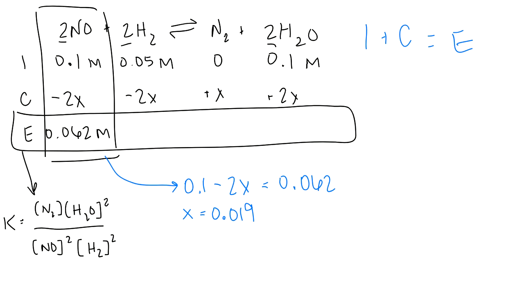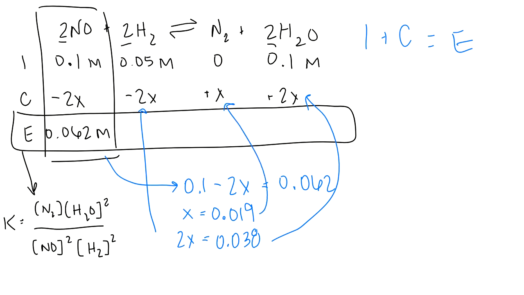So if x is 0.019, then that means 2x is 0.038. So we can plug in our 2x for here and here, and we can plug in our x for here.